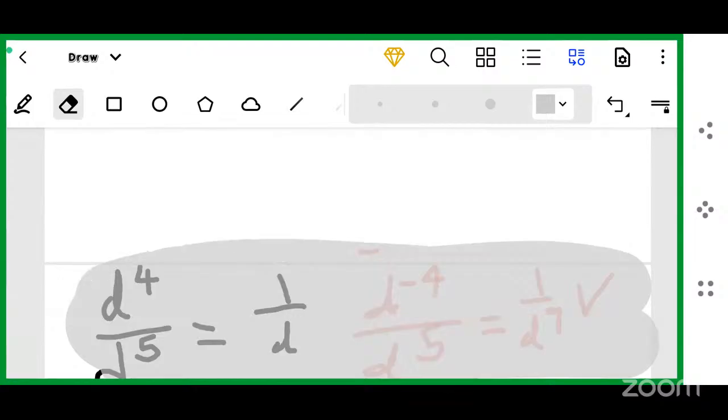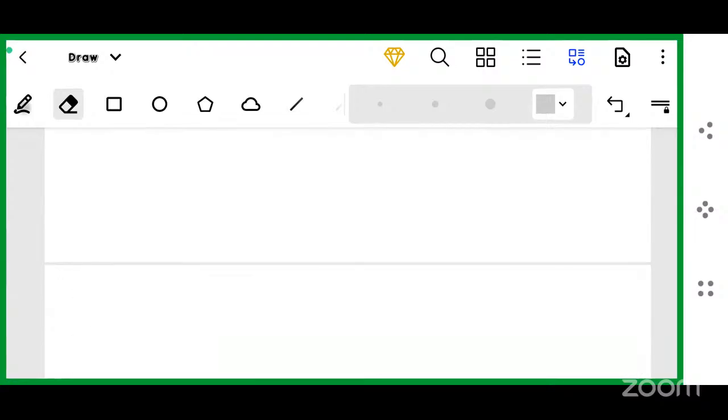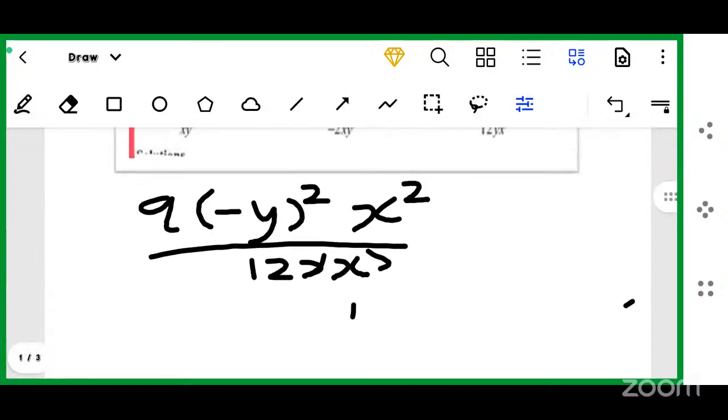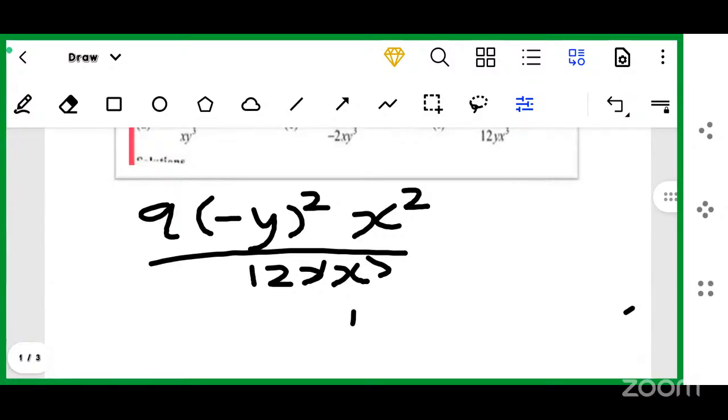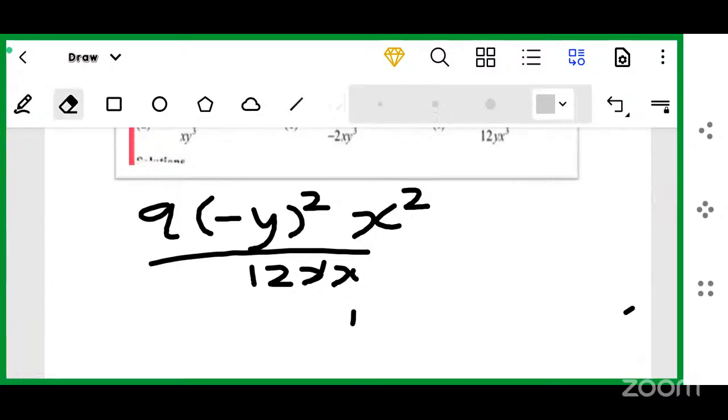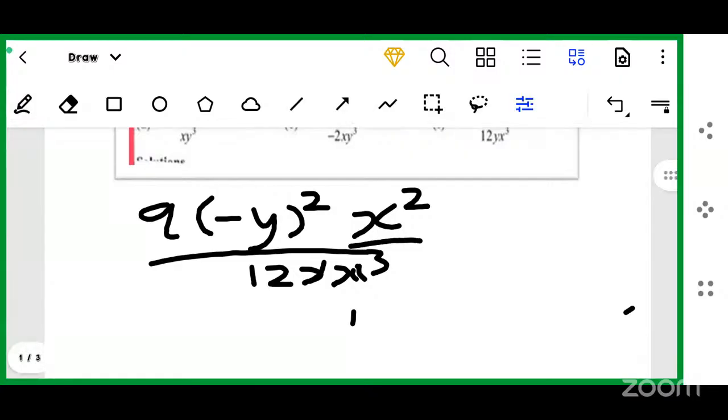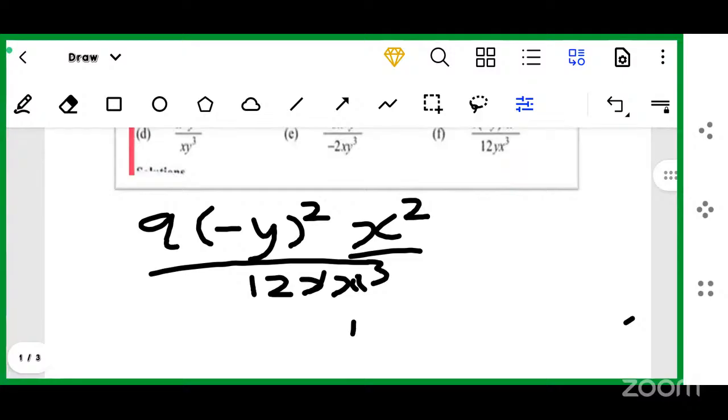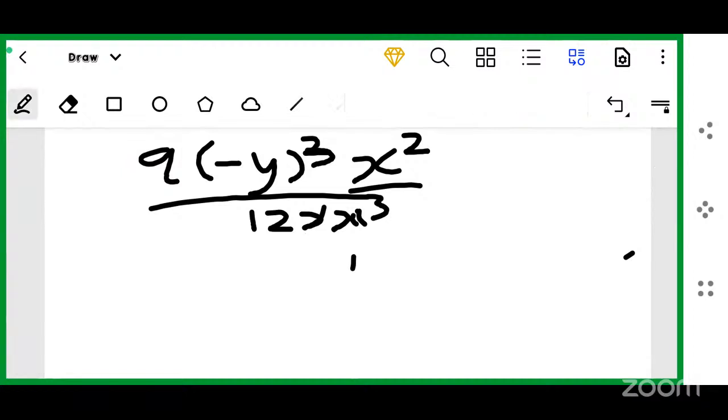Okay. So it's x to the power of 3. So now what you can do is you write something like this. It's to the power of 3. Sorry about this. So what you're going to do is, do you know that we can write this 3 times?